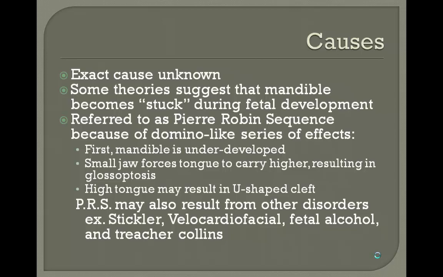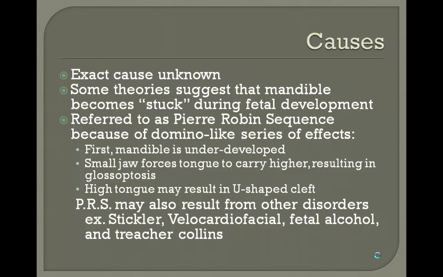The exact cause of Pierre sequence is unknown. However, some theories suggest that the mandible becomes stuck during fetal development. The name of this syndrome is referred to as Pierre sequence because of the domino-like series of effects. So it begins in the fetus with that underdeveloped mandible.